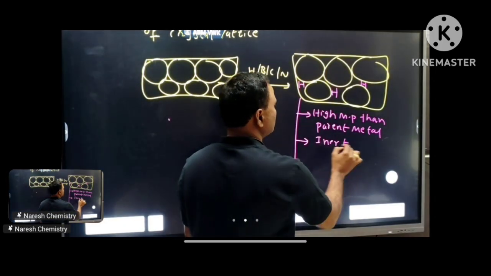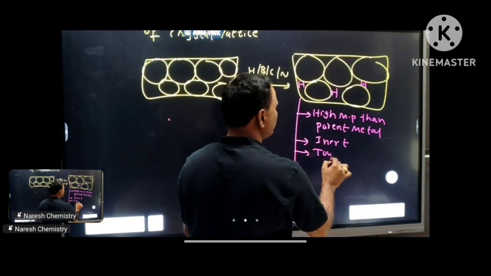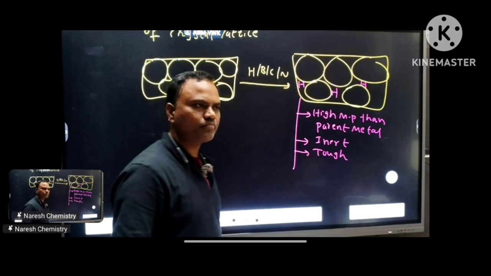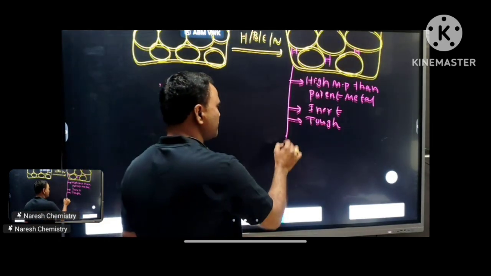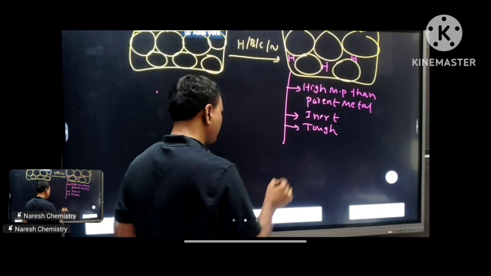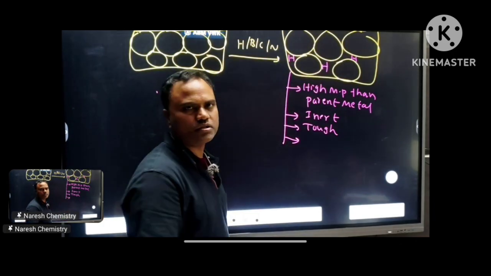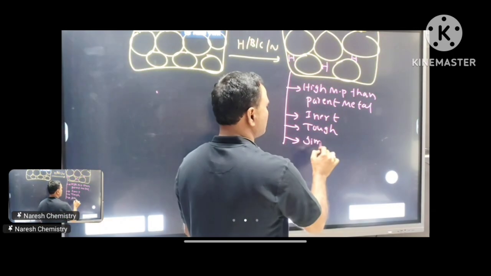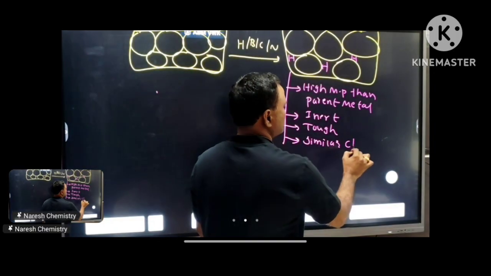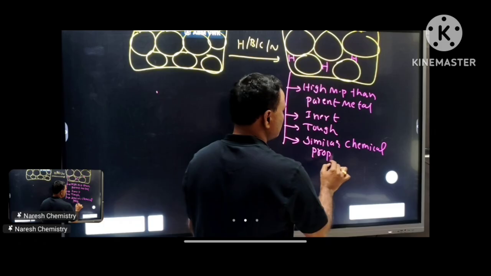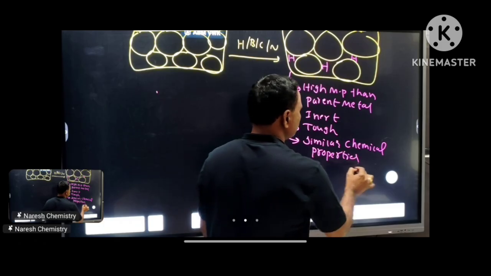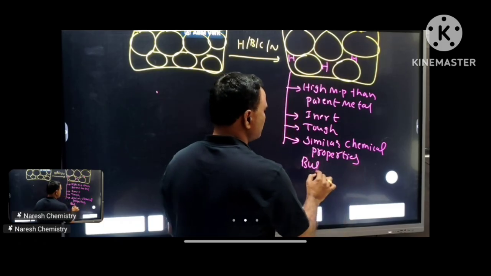These are tough compared to parent metals. They have similar chemical properties to the parent metal but different physical properties.